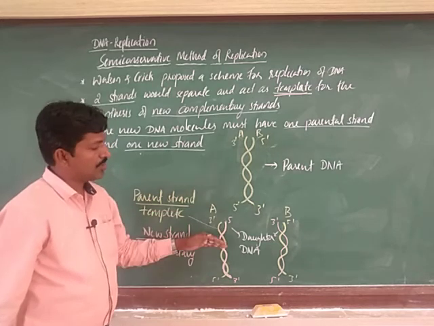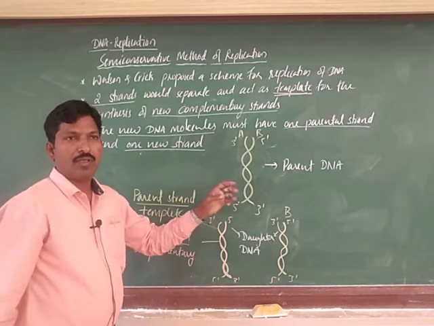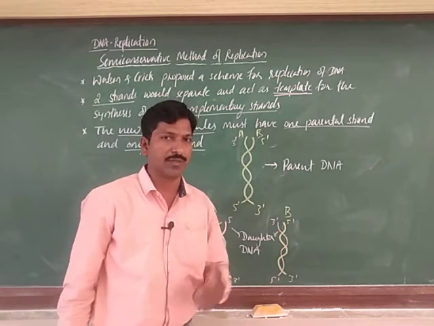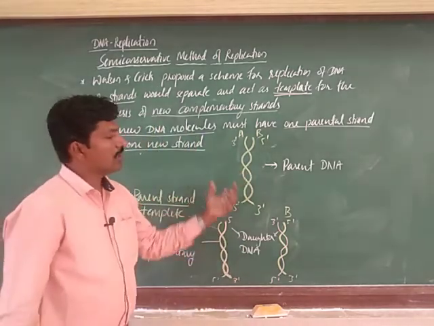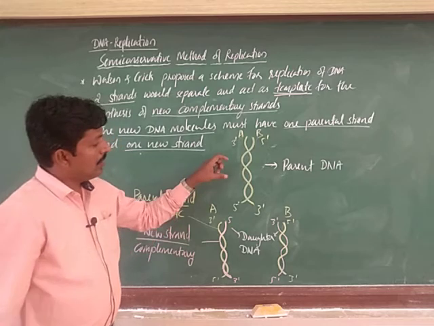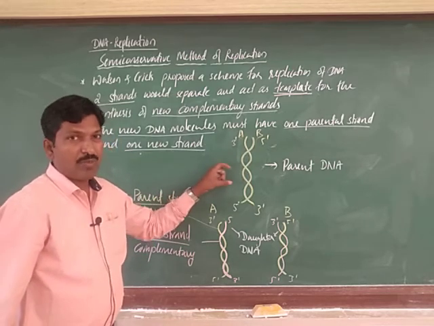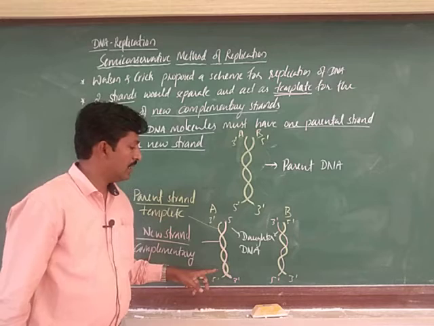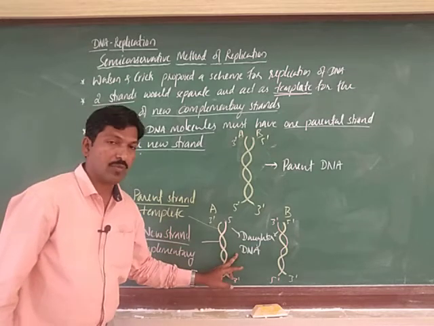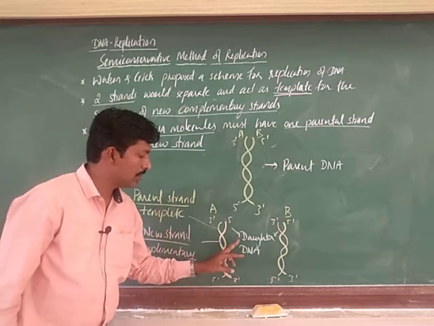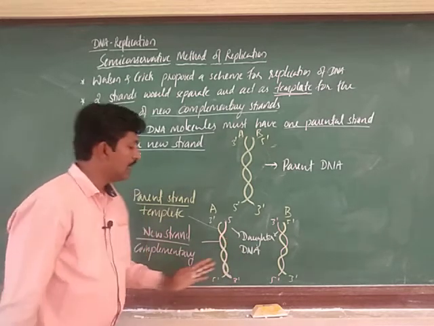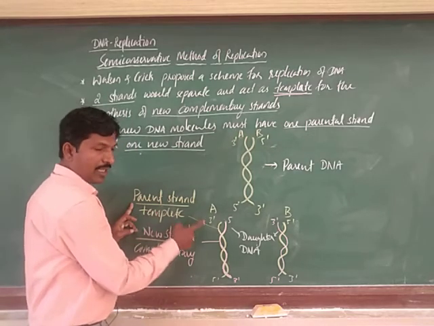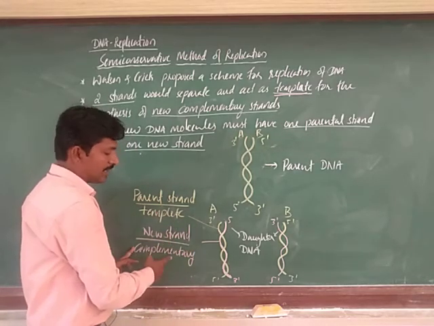After replication, there are other steps in the mechanism, which we will discuss in the next video. Semi conservative means one parental strand comes into each newly formed daughter DNA molecule. These are the two newly synthesized DNA molecules, each consisting of one strand from its parent and another strand newly synthesized.